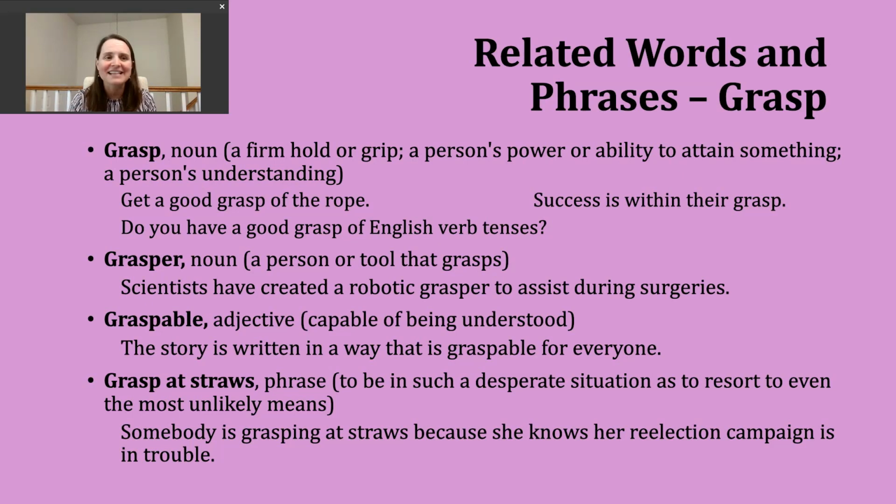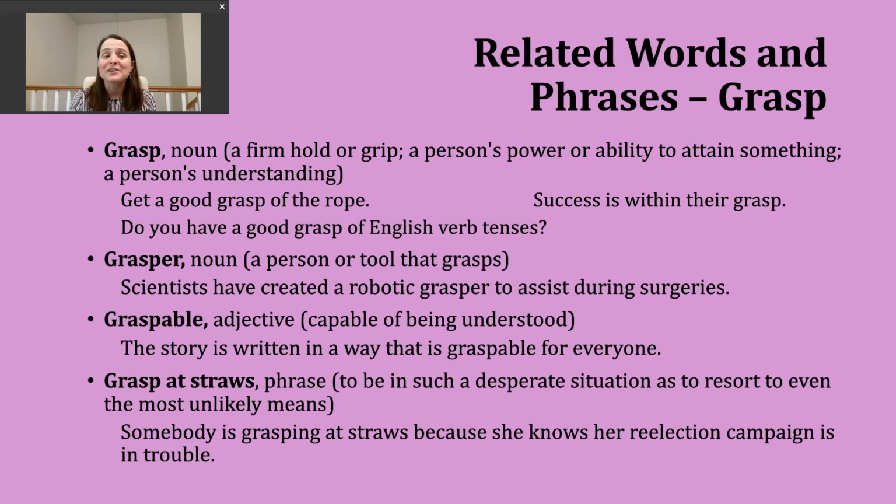That's what that's asking. The next word we'll look at is the noun grasper. This can be a person or it could be a tool that grasps, that holds something firmly. An example of this might be: scientists have created a robotic grasper to assist during surgeries.